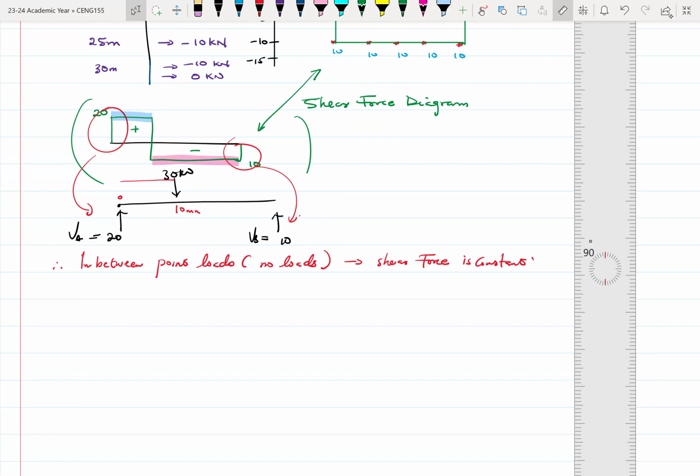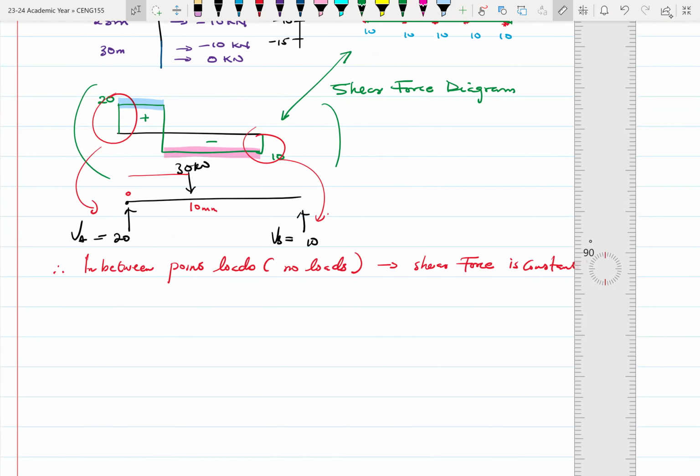We saw that with the example that we just worked on. We'll go ahead and do a few more examples to develop a pattern in there.